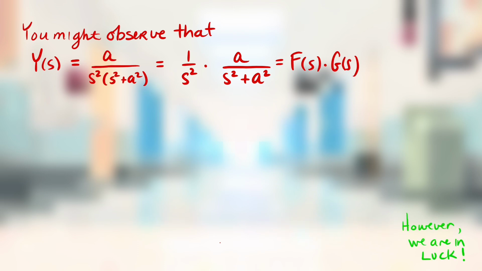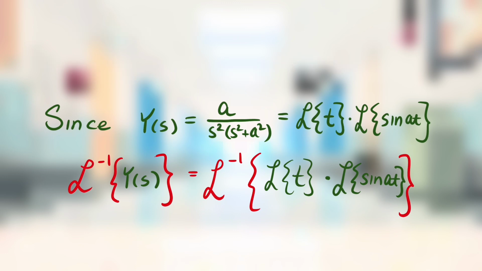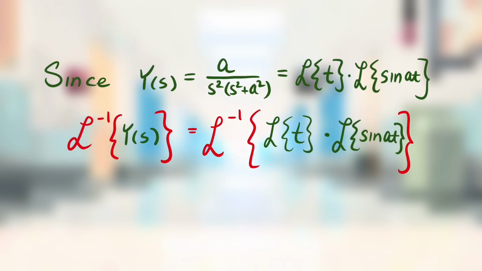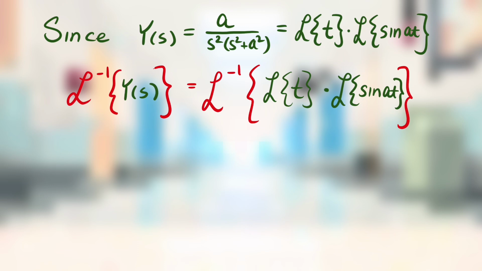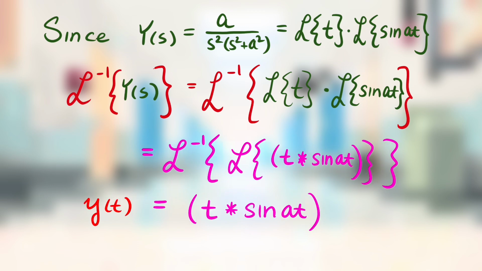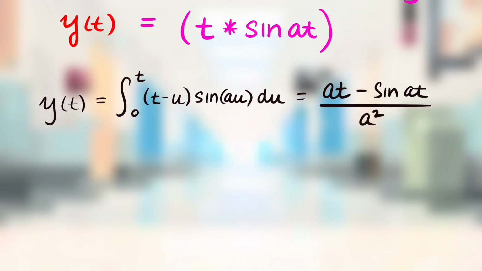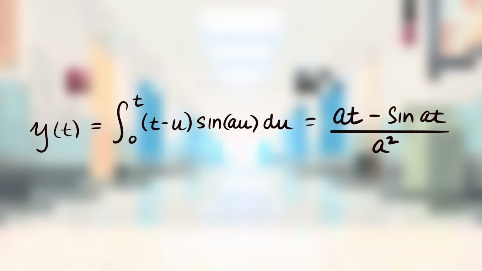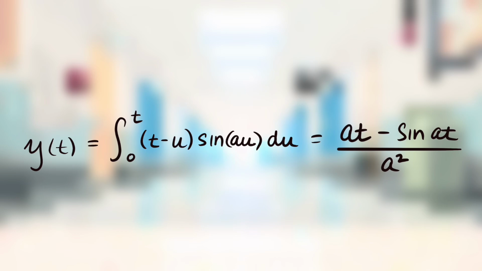But because we can use a convolution to solve this, the inverse Laplace transform of that product can be replaced with the inverse Laplace transform of the Laplace transform of the convolution, which is just the convolution. And so calculating that integral, again not that terrible, is at minus sine at over a squared. So a very useful technique in solving differential equations.